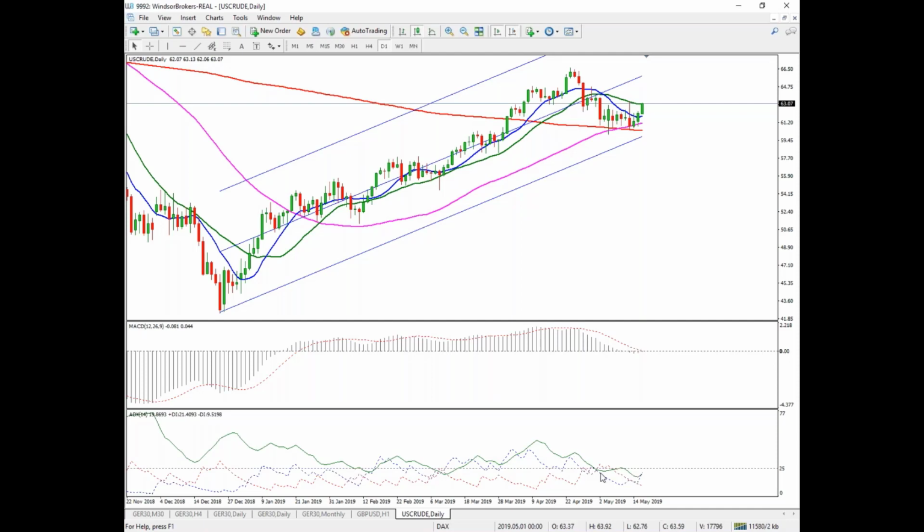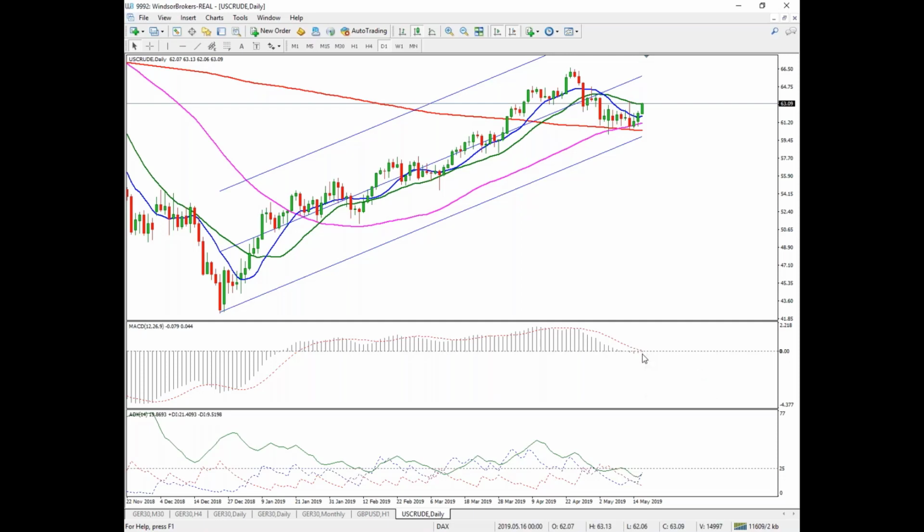So we have a red line pointing down, a blue line pointing higher. So we will still need confirmation here on possibility of reversal of this pullback. So we have some bullish signals, but it's still to be confirmed.